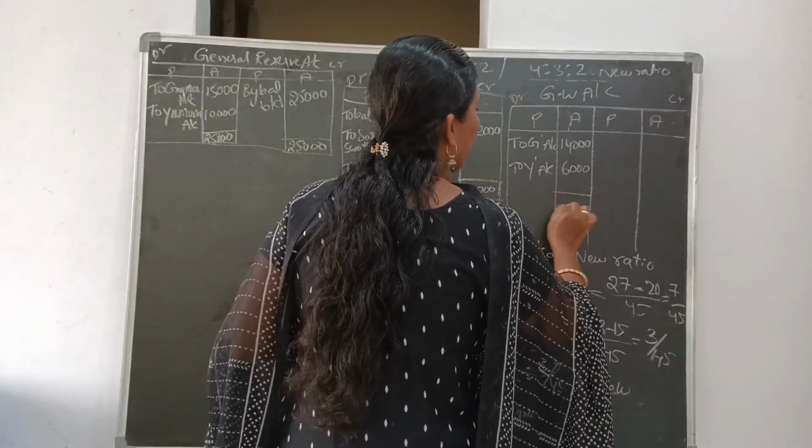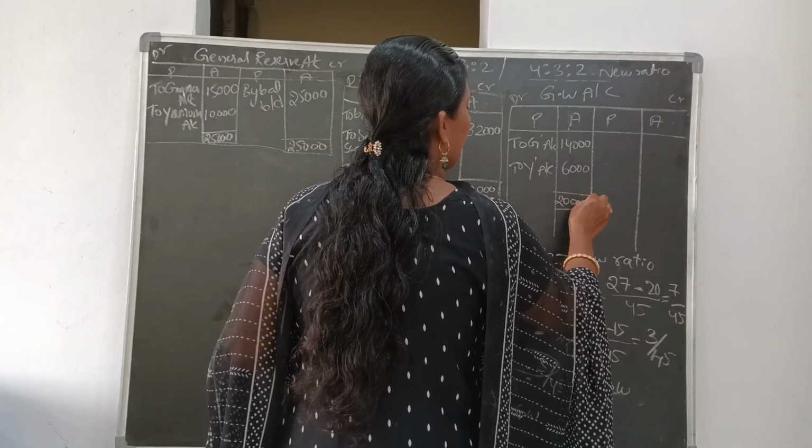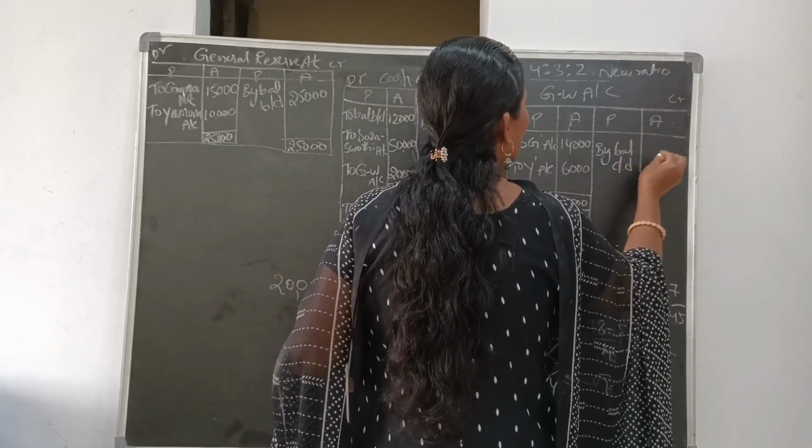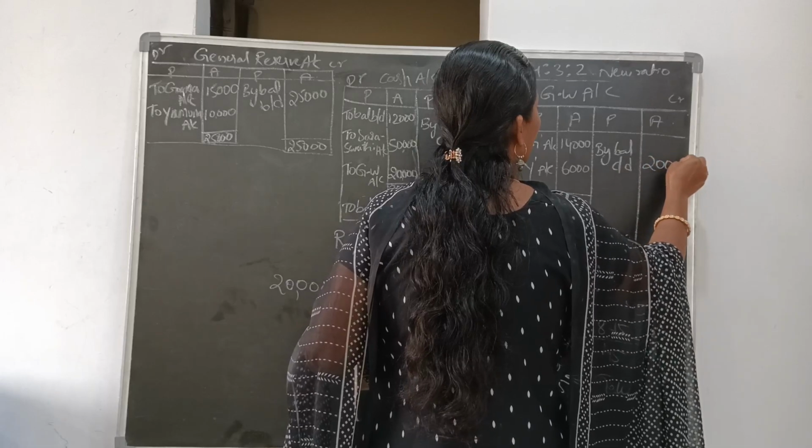So now close the account, by balance carry down 20,000.